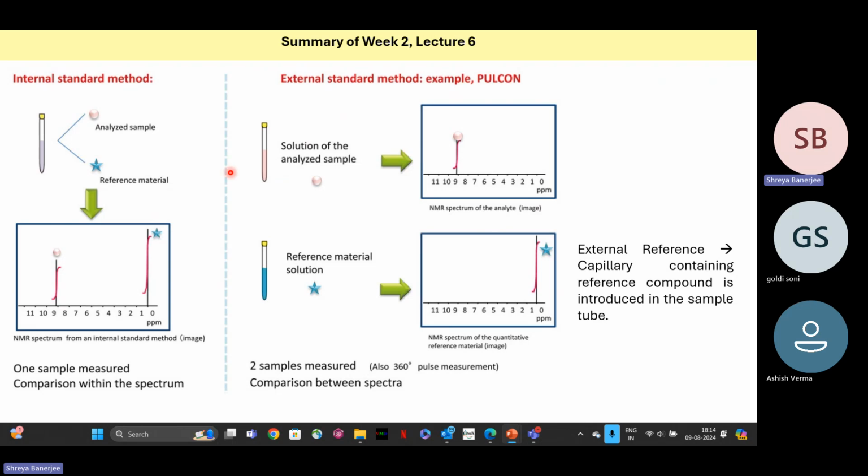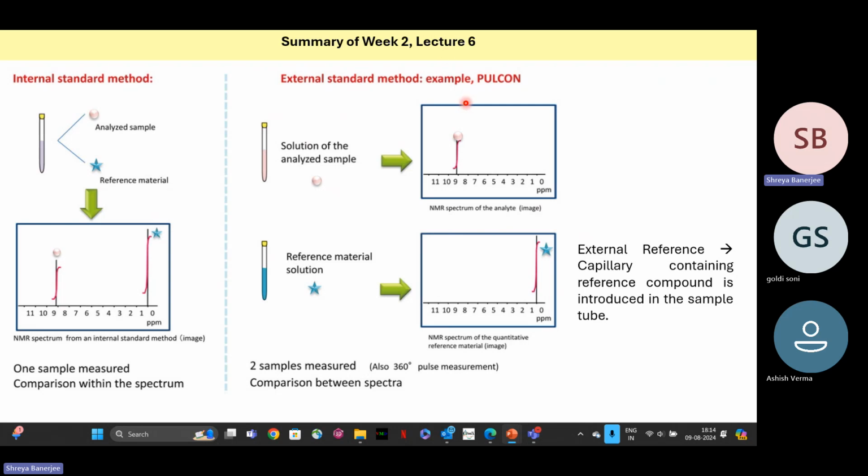Here it is called an external reference because the reference is in a completely different sample tube, that is, it is outside the sample that you're analyzing. So this is comparatively a more complicated process because you have to get two separate spectra and then overlap them in the computer or compare them.